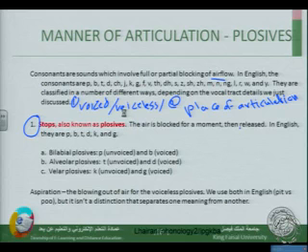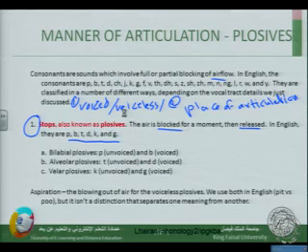P, then the airflow is released. First, blocked then released. P, B, T, D, K, and G.